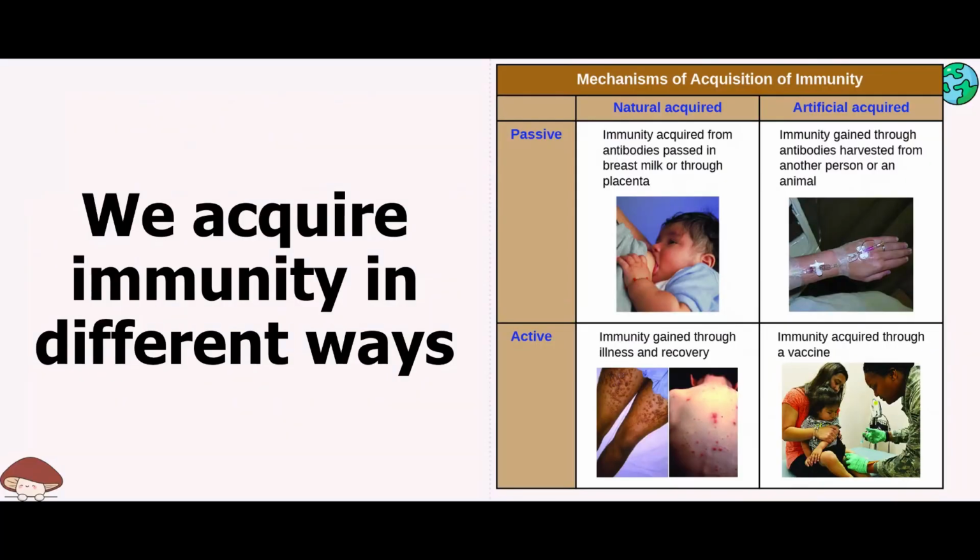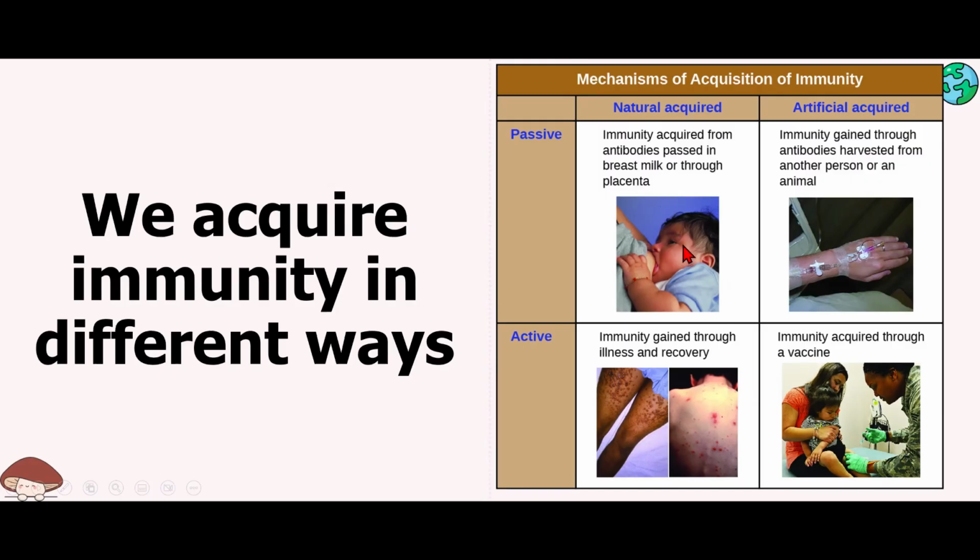And so antibodies are, again, one way to acquire immunity, and then the other way is, of course, through cell-mediated immunity. Now, how can we acquire immunity? There's four main ways, and in this table, it kind of breaks it down. So there is passive immunity and active. Passive means that you are just receiving antibodies from somebody else. And there's the natural way of doing this, which is when you receive antibodies from your mother through the placenta or through breast milk.